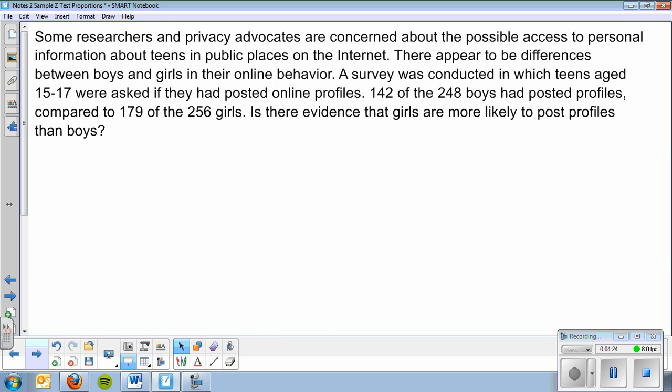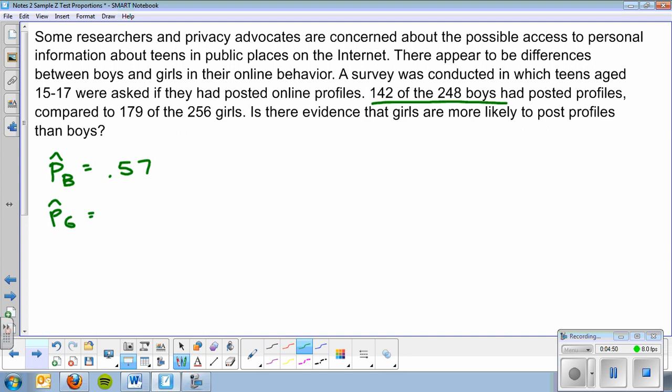Okay, so we're going to go through and label all our variables. There's for the boys, so that's going to be p hat of the boys. I'm going to use a capital B, which is 142 divided by 248, which is going to give me 0.57. All right. p hat for the girls is 179 divided by 256, which is going to give me 0.70.